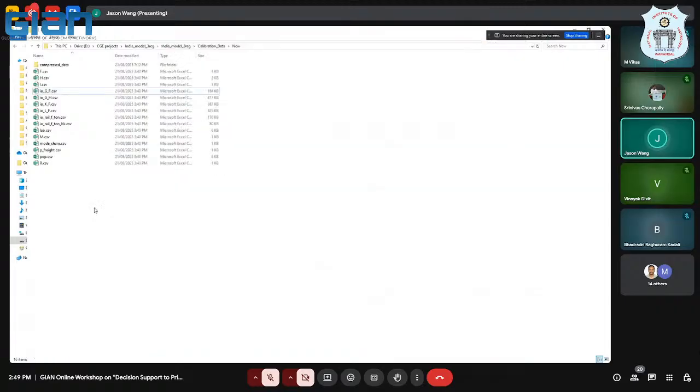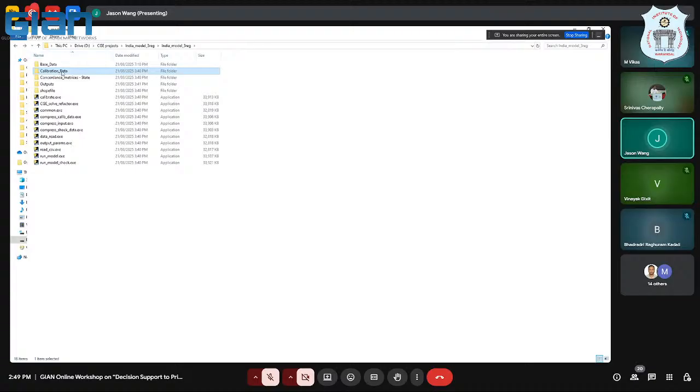The calibration process is what allows us to use this data to figure out parameters that estimate how people behave in the future. That is recorded not in the calibration data folder, but in the base data folder. Calibration data is all of the raw numbers we've just discussed. The parameters that Professor Dixit mentioned, which explain how people behave, are in the base data folder.